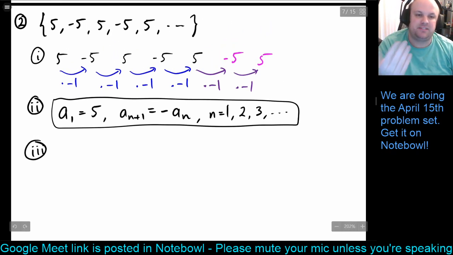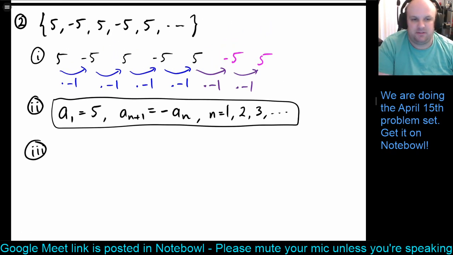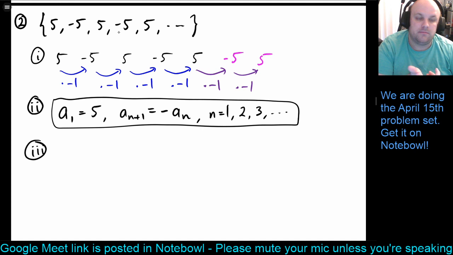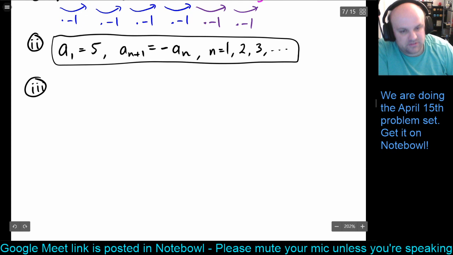If you keep switching from positive to negative to positive to negative, there's two ways that happens. It can start with a positive number like this sequence does, and then go positive, negative, positive, negative. Or it could start with a negative number and go negative, positive, and so on. So there's two ways to get this. Right? So there's two kind of expressions here.